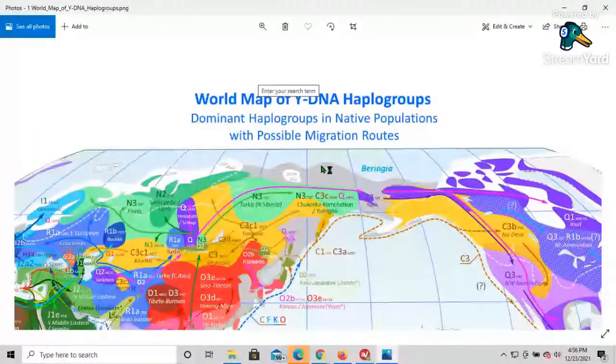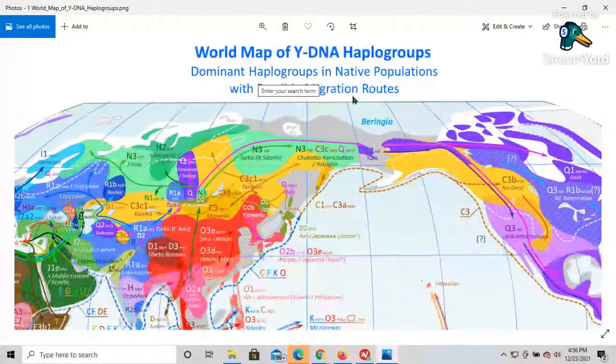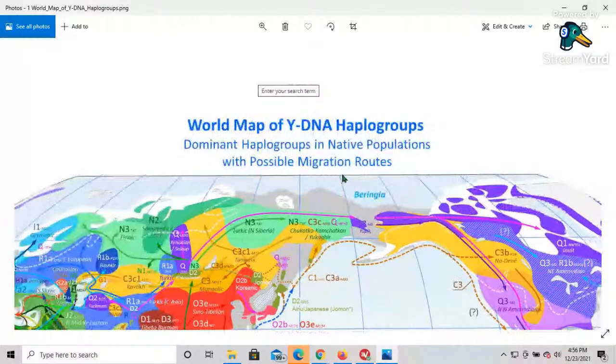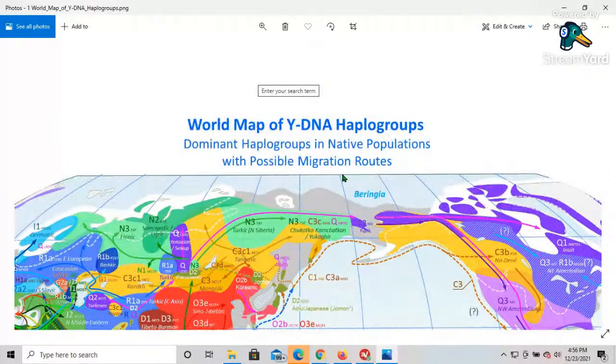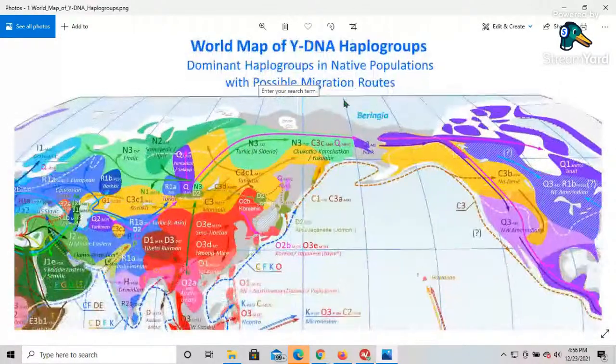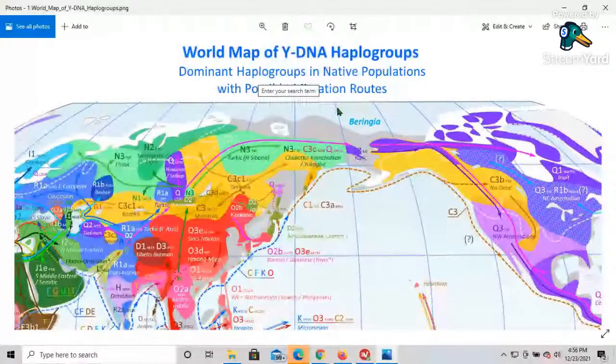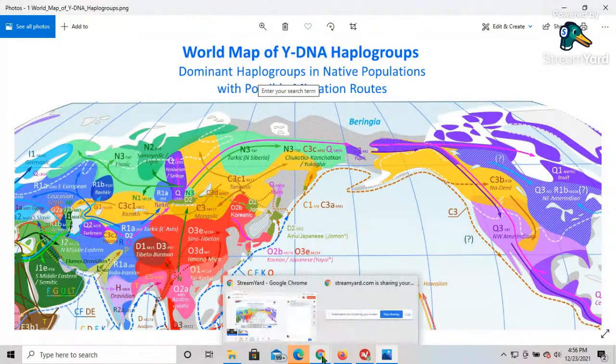What's this thing doing here? It's the world map of Y-DNA haplogroups. Wait a minute. I got to see if I can get rid of this thing in the way here. I don't know if it's in the way, but let me see. I can find which it is.